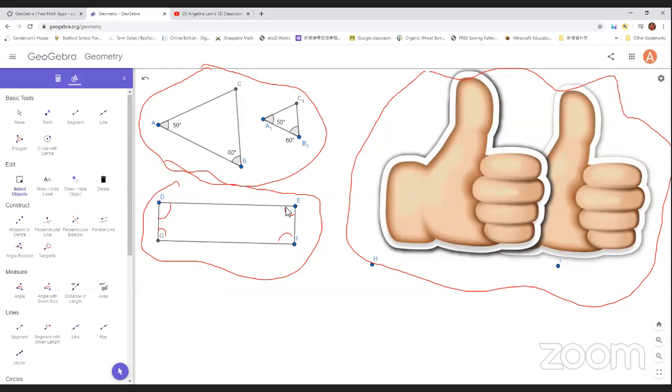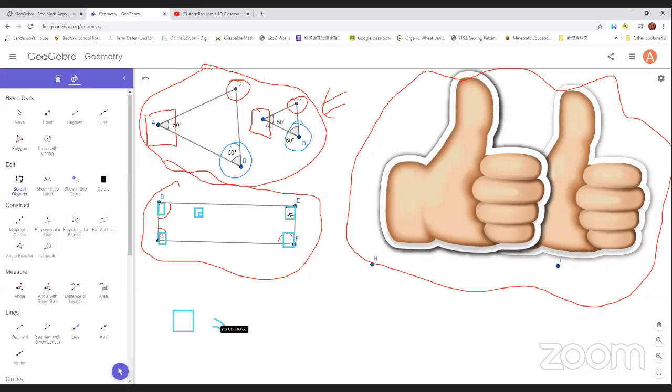Now, just now for triangles, we know that these two, and also these two, they are the same. Then for triangles, they are similar.